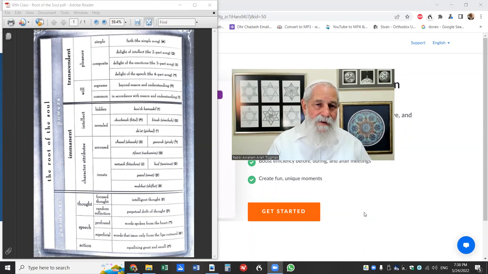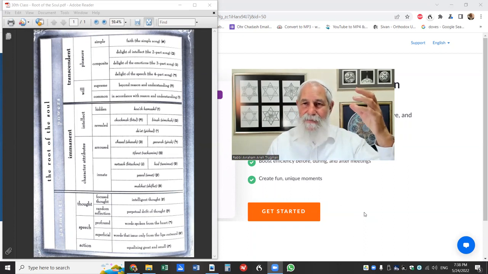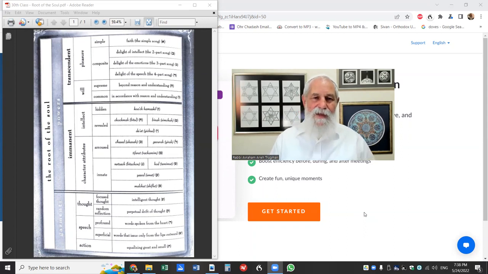And then, in the innate, like I said, we get closer and closer to action. In other words, in the intellect, it's thought. And as we move down the Sefirot, especially when we get into the innate, netzach, hod, yesod, and malchut, this is putting into practice, putting into the world.